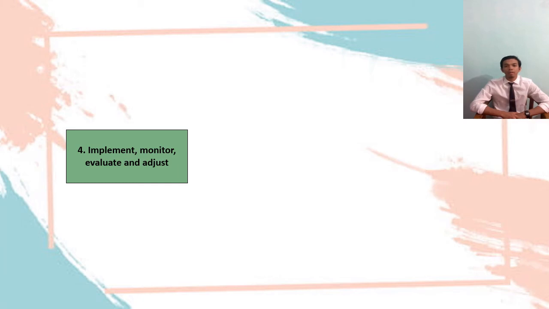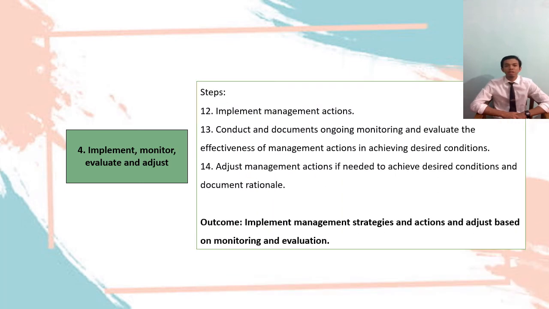Monitoring promotes a strategy focused on learning. The steps under this element signify a mechanism for implementing management practices, monitoring conditions, assessing outcomes of monitoring, and adjusting management techniques and actions on the basis of the results of the monitoring.